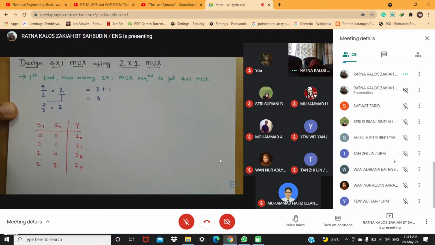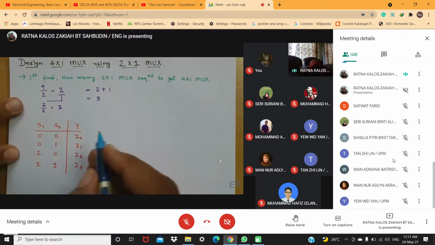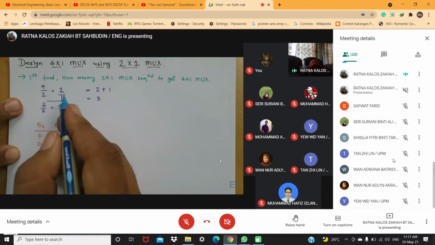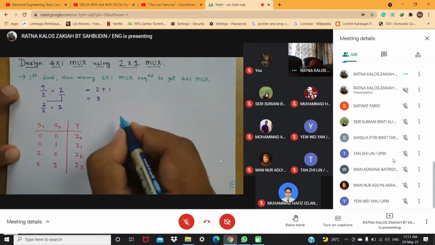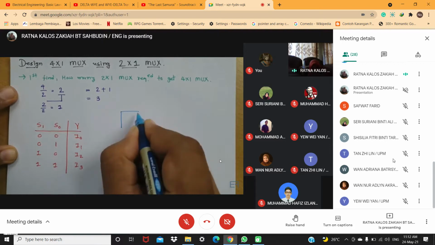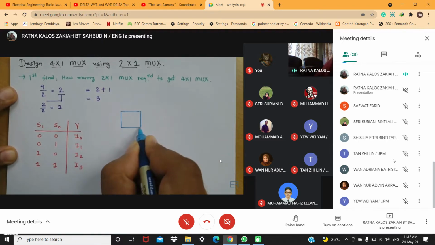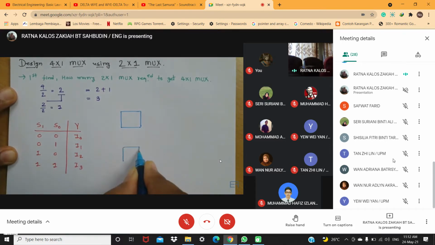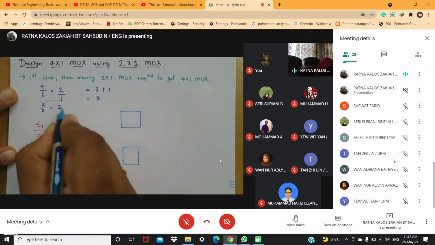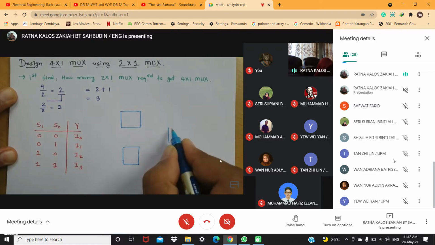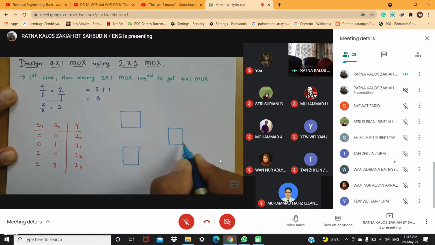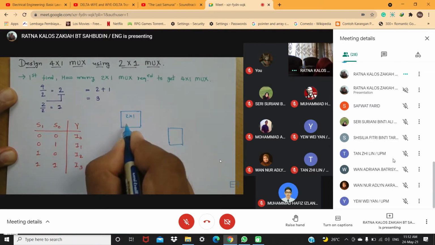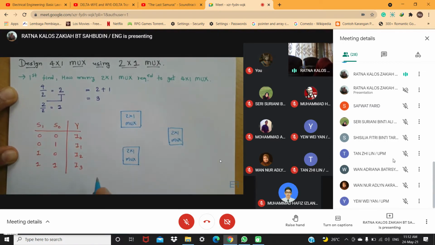Now this is what we are doing to make it using 2x1 multiplexers. First I place 2 2x1 multiplexers like this, and here I place 1 multiplexer of 2x1.